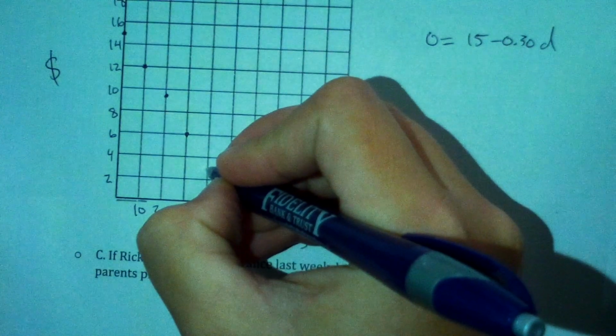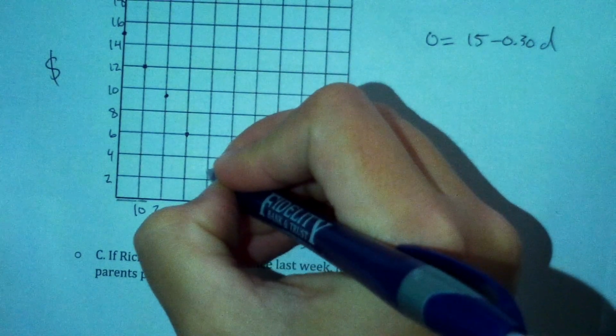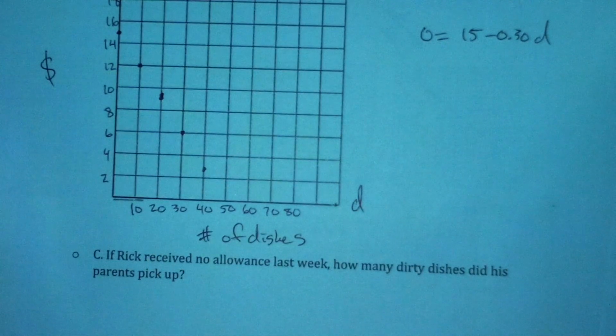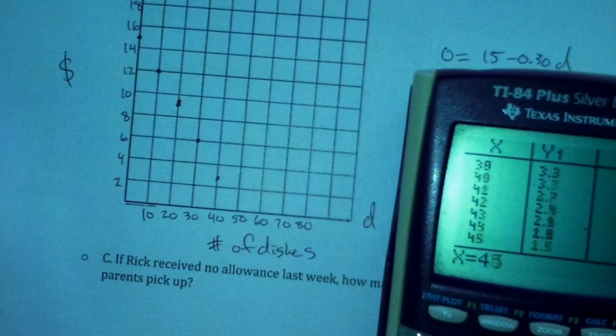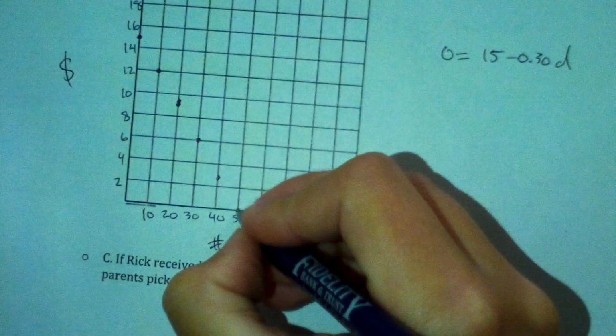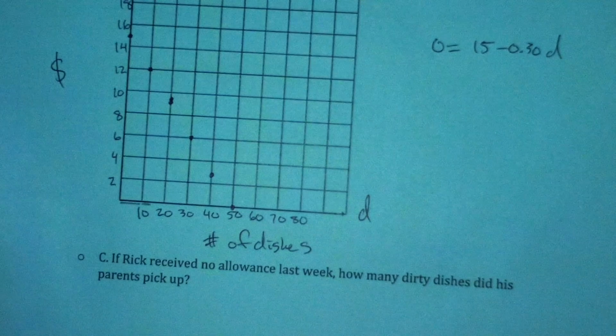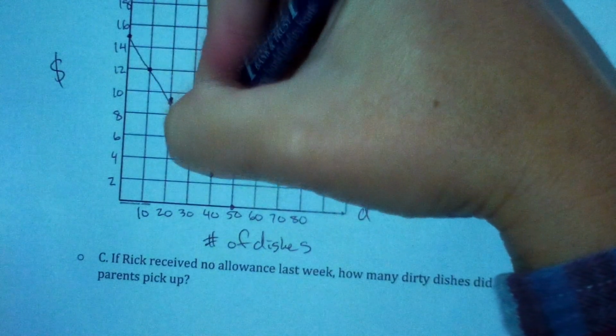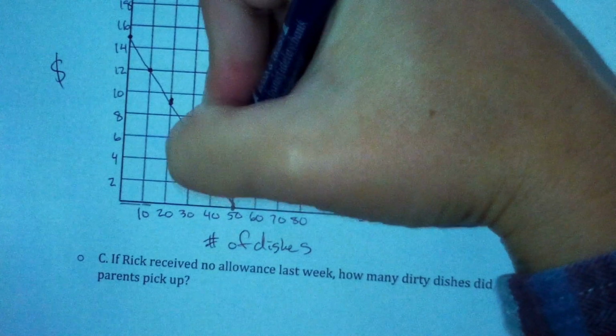To get rid of the multiplication, I would divide by negative 30 cents on each side. And then if you do negative 15 divided by negative 0.3, you do get that 50 value. So that would be the same thing.